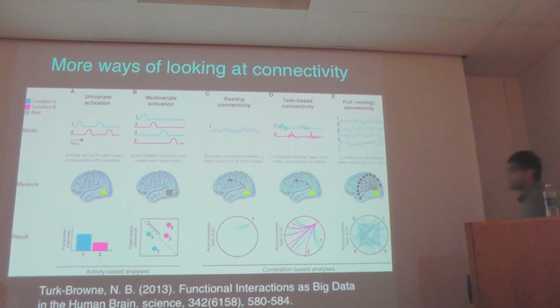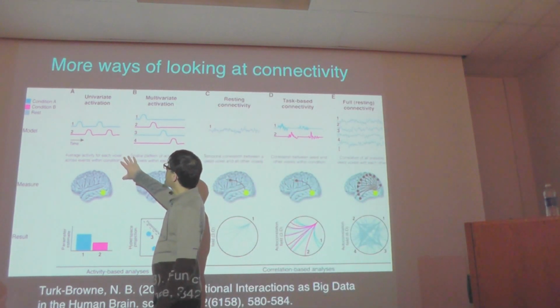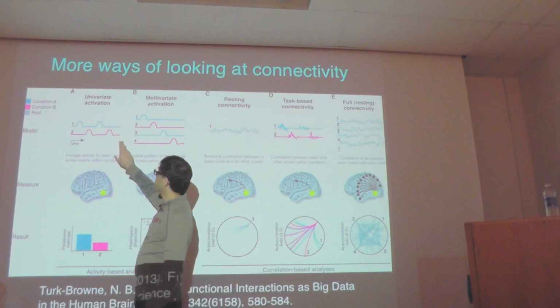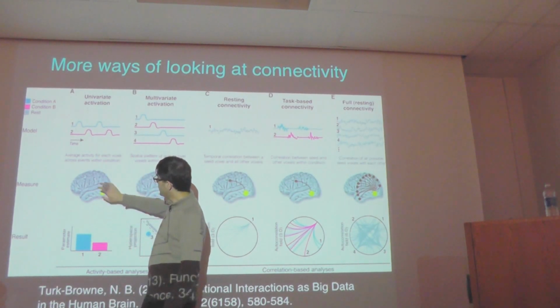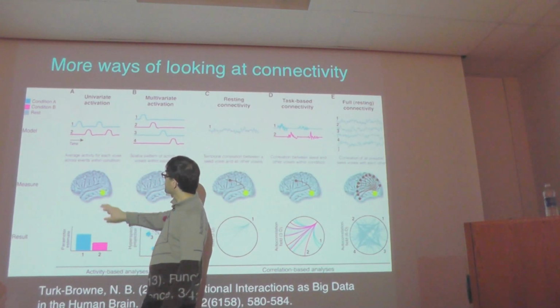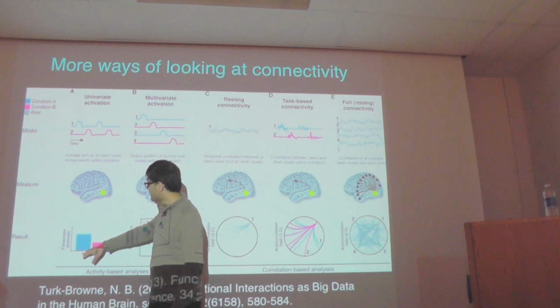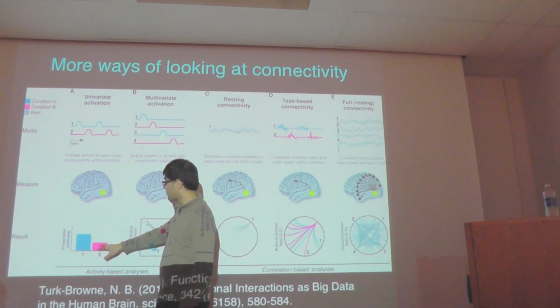So here's your standard, vanilla general linear model fMRI univariate activation, seeing for each given voxel whether it goes up or down in sync with the task. So here are the time courses of the task, condition A, condition B. You look at some voxels and you say, this region lit up quite a lot for condition 1 and not as much for condition 2.